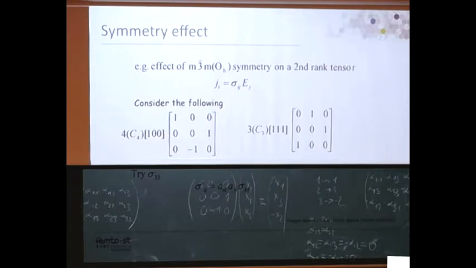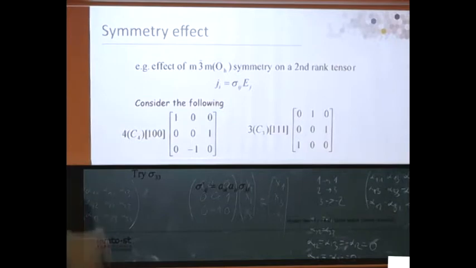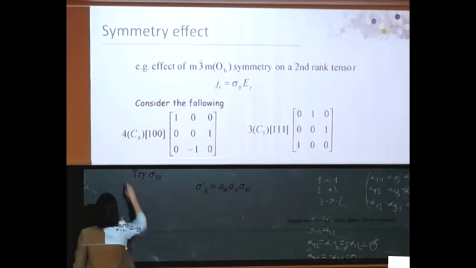So it means if a material has a fourfold axis, for a second order tensor you already have only two different coefficients, one of them along the x-axis, the a-axis. Now we also have a threefold axis along 1, 1, 1, which has this type of rotational matrix. Now my tensor is only alpha 1, 1, alpha 2, 2, and alpha 2, 2, and all the remaining is 0.